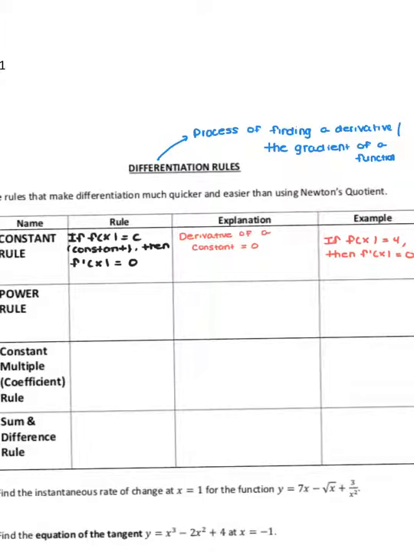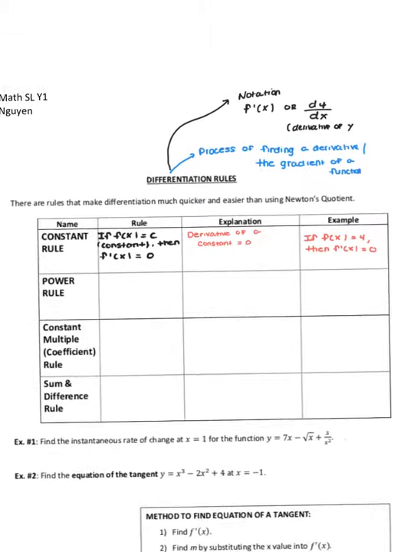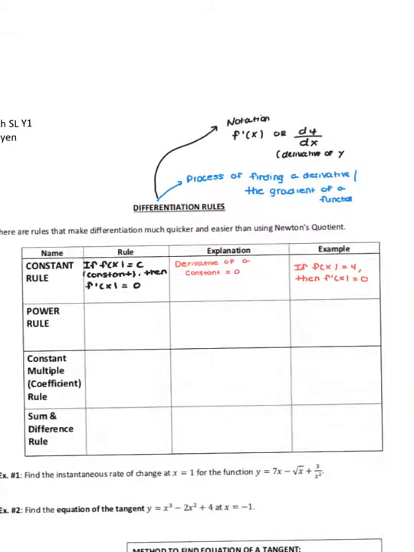Now the notation that we use, I mentioned this before, but in case we forgot, we have either f prime x or dy over dx, which is the derivative of y with respect to x.